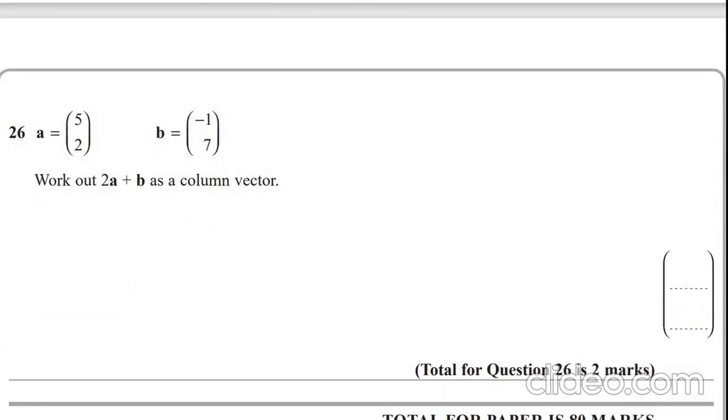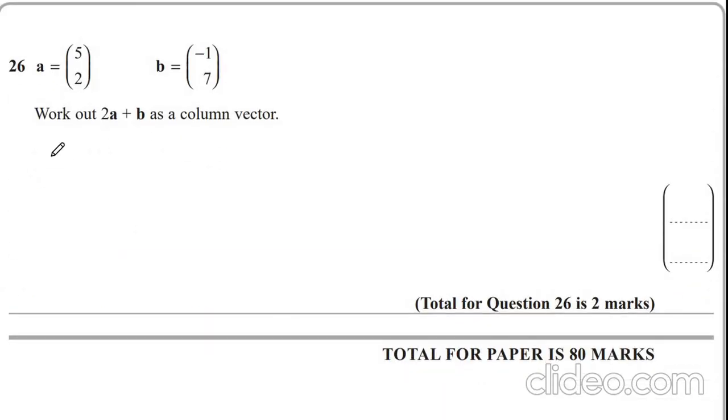Now this is a vector question. Work out 2a plus b. So 2a, that means we need to multiply the vector a by 2, and we need to add the vector b to the result of the first multiplication.